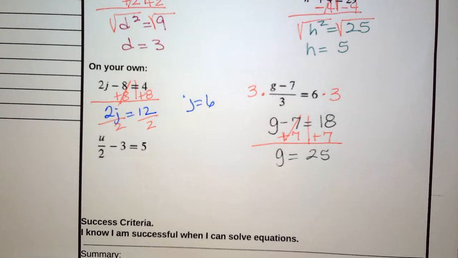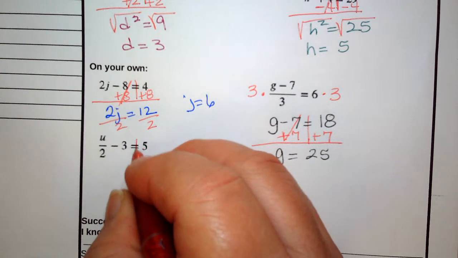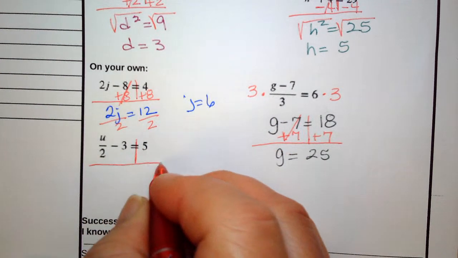Okay, for the last one, I've taken u. I have divided it by 2. From that number, I've subtracted 3, and I end up with 5. What was the last thing I did that I need to undo? Minus 3. The opposite is plus 3. Keep those columns straight.